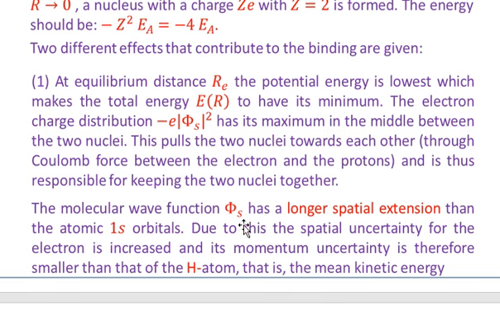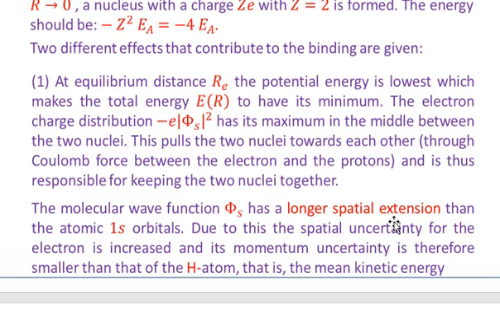The molecular wave function phi s has a longer spatial extension than the atomic 1s orbitals. So you see that this phi s orbital, which is composed of the atomic 1s orbitals, has a longer spatial extension.